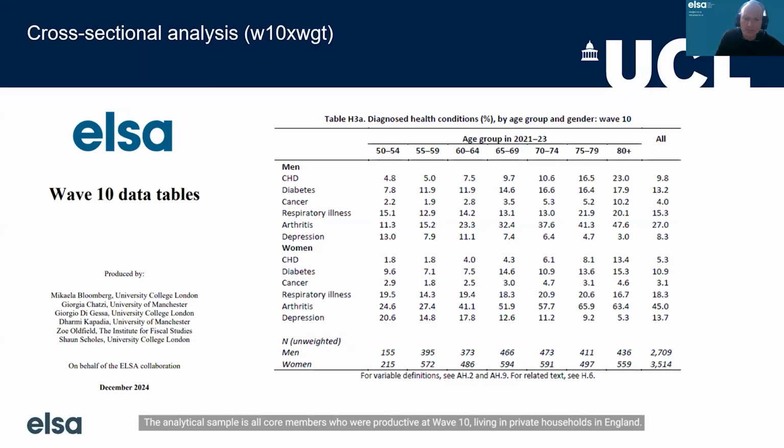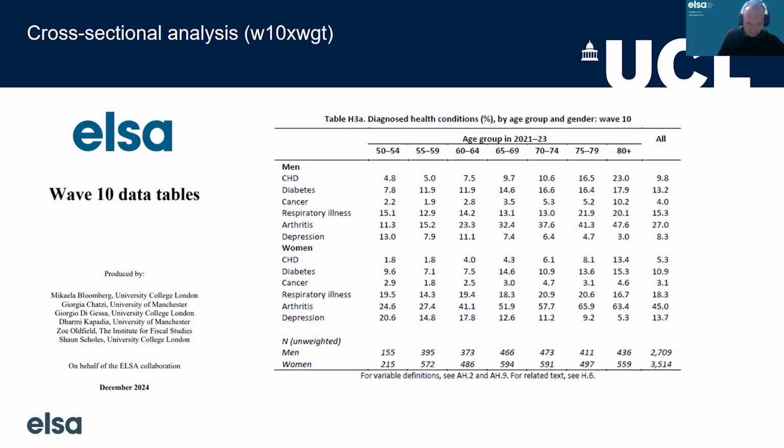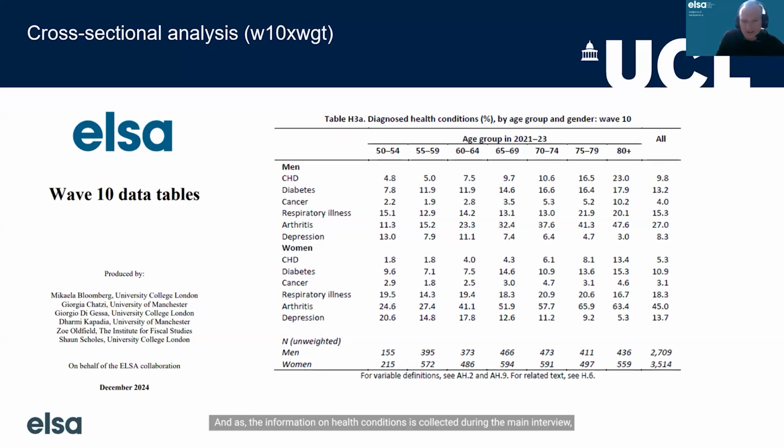The analytical sample is all core members who were productive at wave 10, living in private households in England. And as the information on health conditions is collected during the main interview, here we use the main interview cross-sectional weight to estimate the prevalence of diagnosed health conditions.